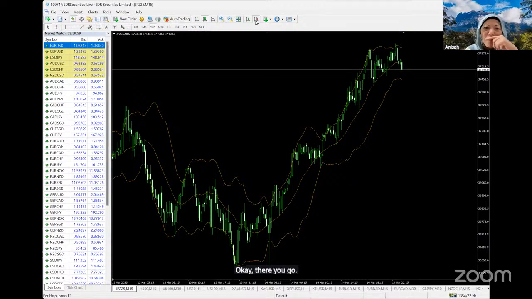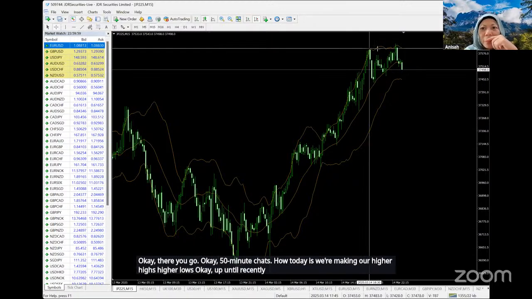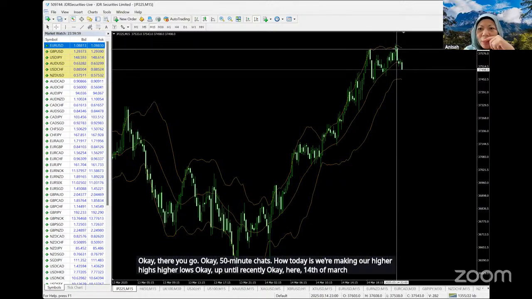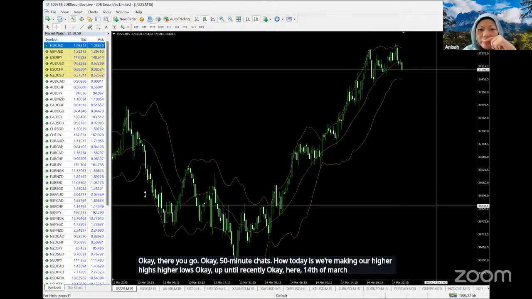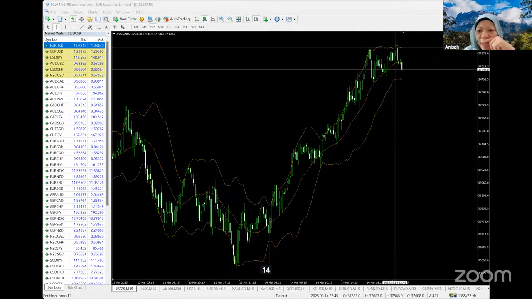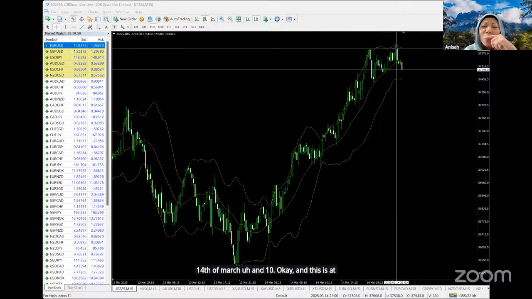Healthily it has been making higher highs, higher lows, up until recently, here, 14th of March, at 6:30 and 10, they were unable to make a higher high.